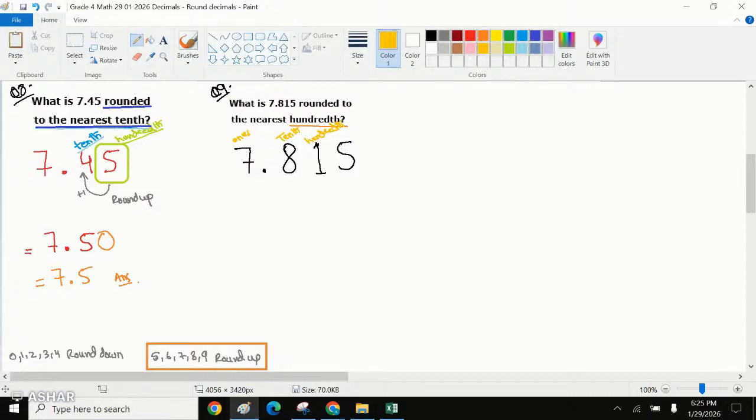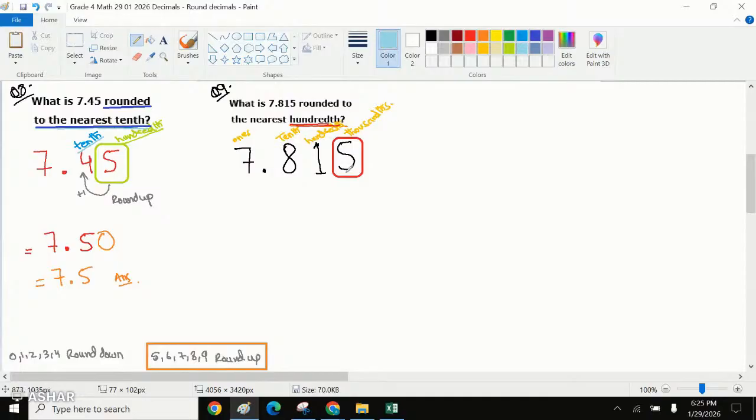We have to look at the next number after the 100th. That is the thousandth position, right? If we have to do till the 100th, we look at the number that is after the 100th. That is this number. So what will this number do? This is a 5. Will 5 round up the next number or round down?